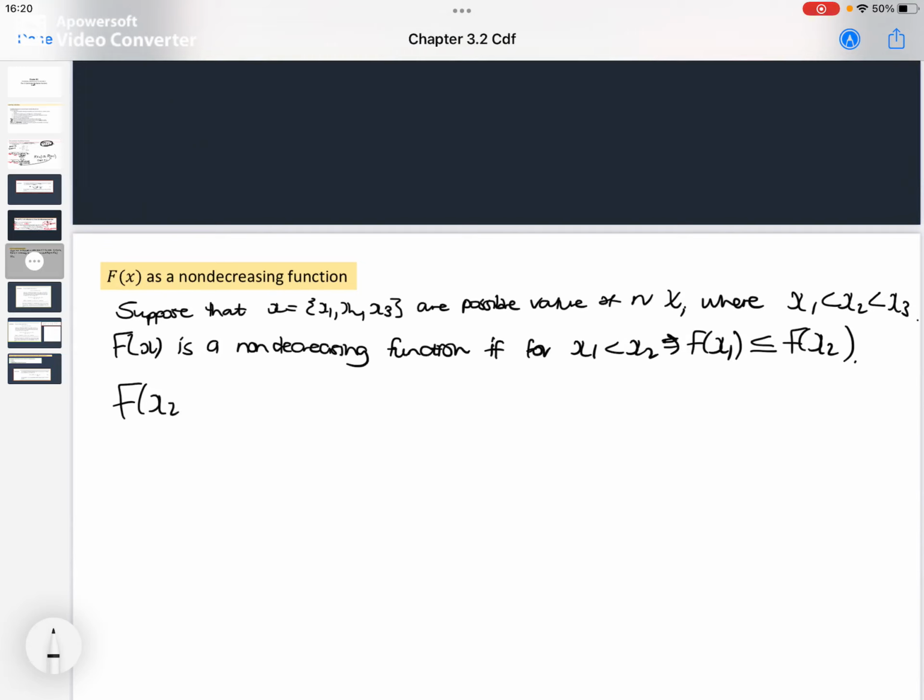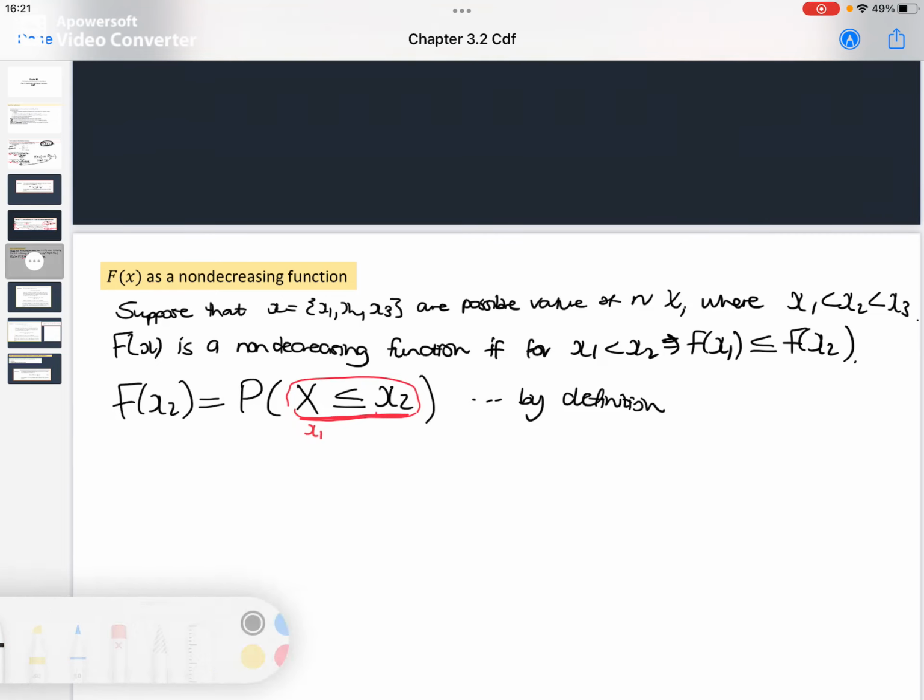If we start with F(x2), we know that F(x2) is equal to the probability that X is less than or equal to x2, by definition of CDF. Now, which values of X are less than or equal to x2? We know that x1 is included in this criteria.